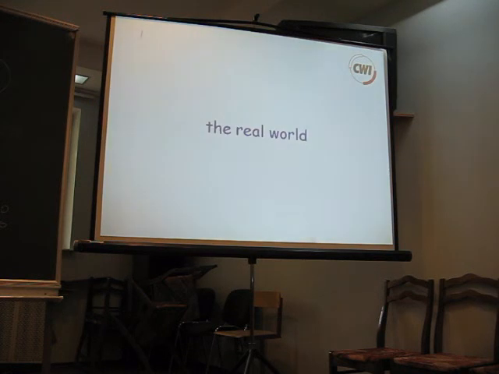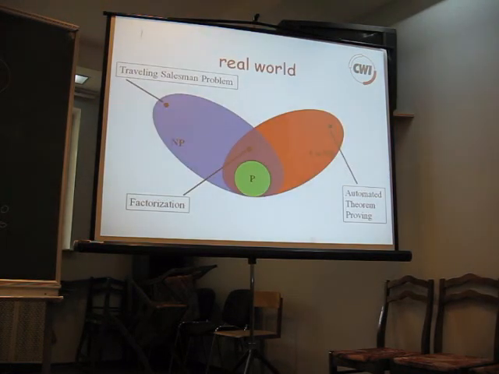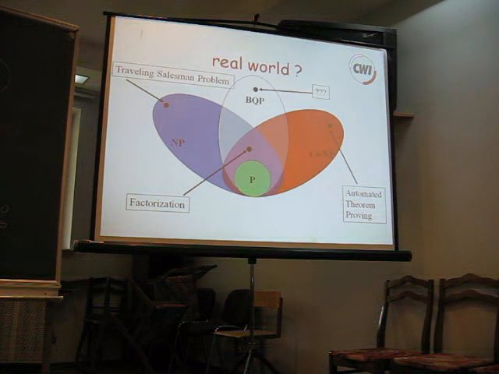So I do have something about the real world, because here is the real world, where we have NP and co-NP and P, and we have these complete problems. And factorization, which isn't a decision problem, but you could phrase it as such, is a problem that sits in NP intersect co-NP. I guess this is kind of preaching to the converted.